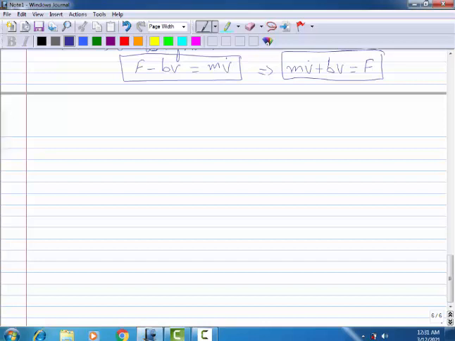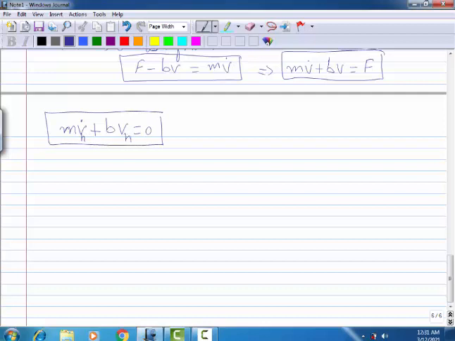I can divide this equation into two parts. First I write the homogeneous part here. This gives me the homogeneous solution. Let's put an H here so that I'm not confused next time.